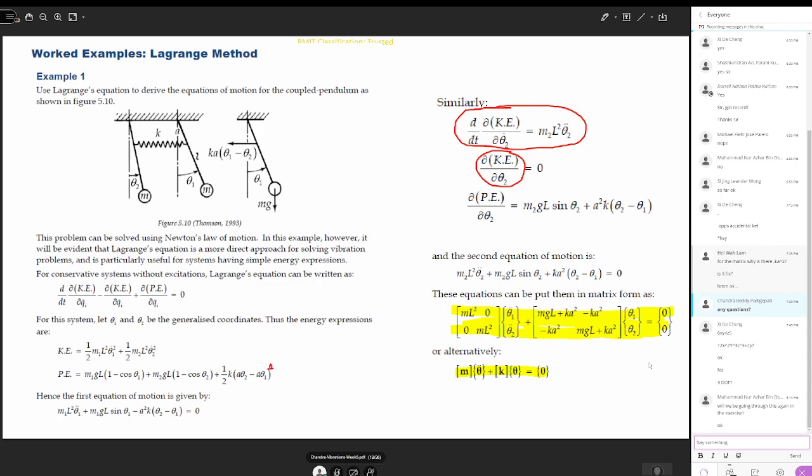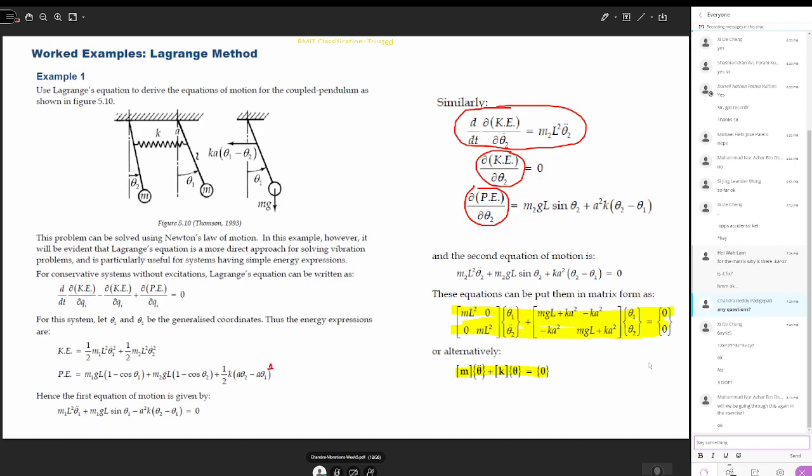Similarly, if you take the partial derivative of potential energy with respect to theta 2, the first term will be 0, then the second term will have m2gl sine theta 2. So this cos theta 2 becomes sine theta 2.